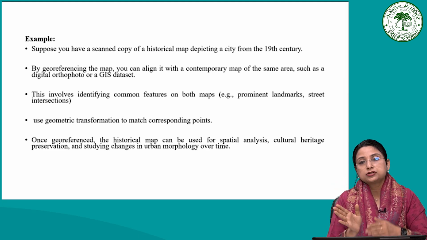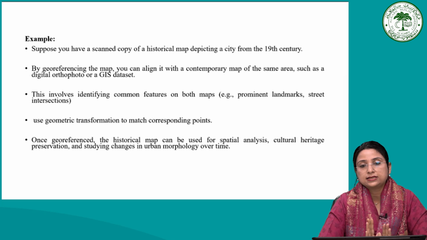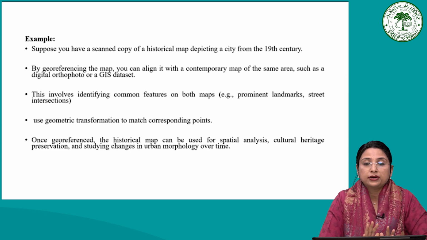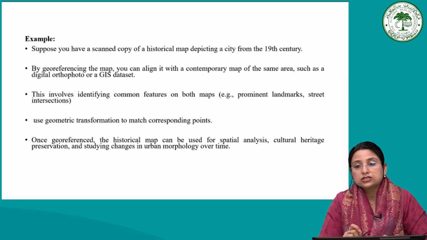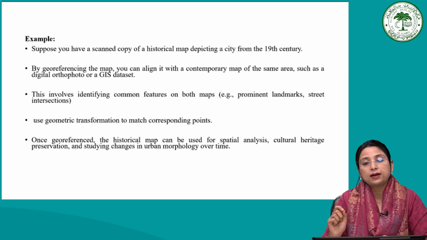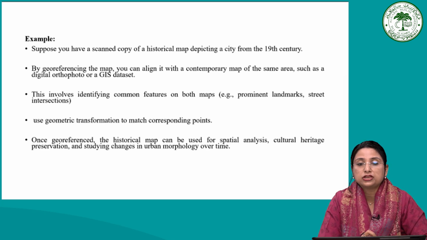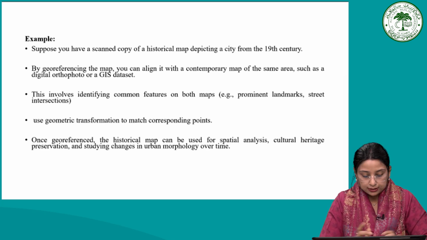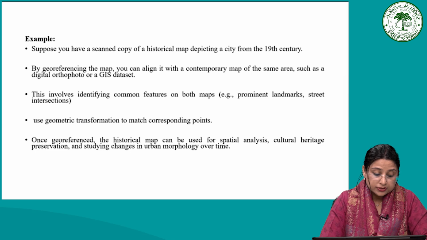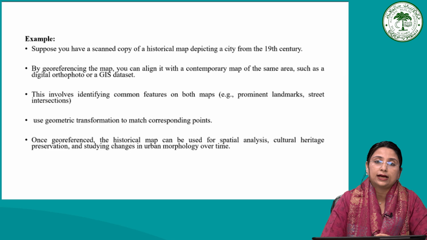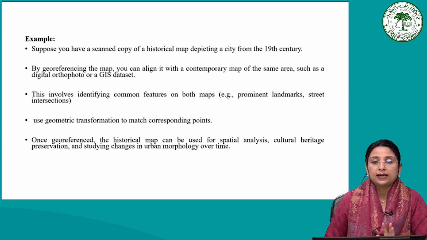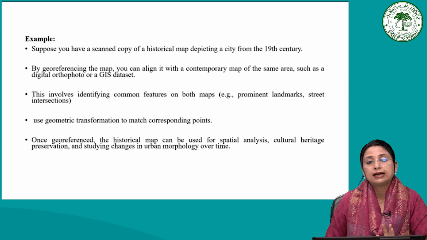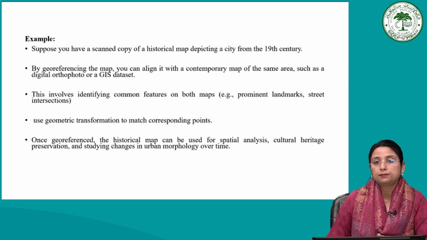The common features on both maps are identified, and a geometric transformation is used to match the corresponding points. Once georeferenced, the historical maps can be used for spatial analysis, maybe for cultural heritage preservation and studying changes in urban morphology over time. So this is another type of geometric transformation, that is, georeferencing the historical maps.